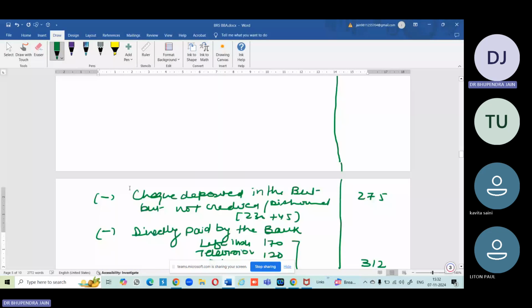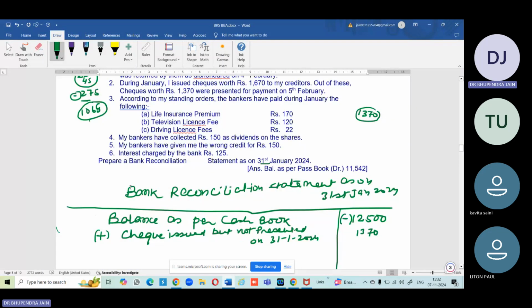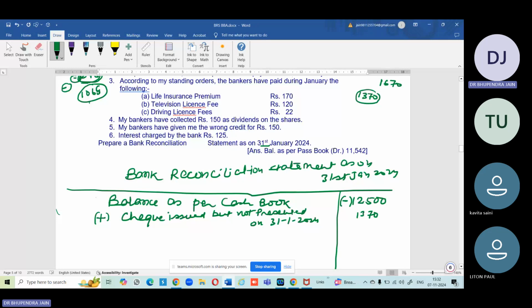Next. My banker has collected 150 as a dividend on the shares. After collection of the dividend of rupees 150, the bank has increased the balance, but your balance is less by rupees 150 because you hadn't recorded the transaction in the cash book.